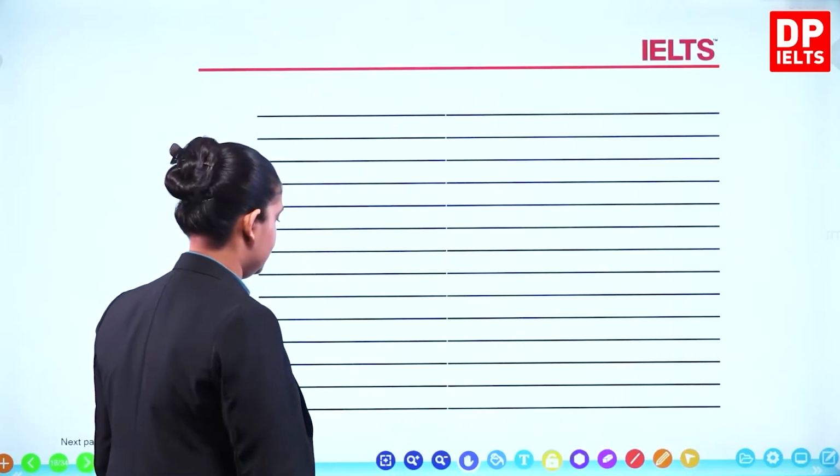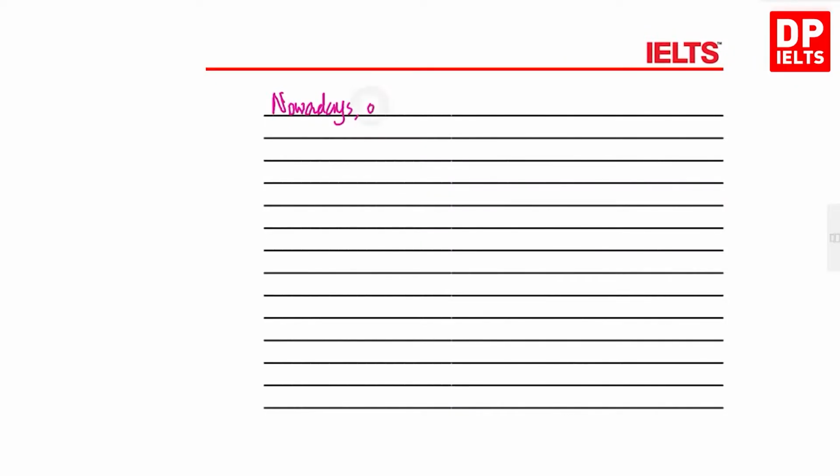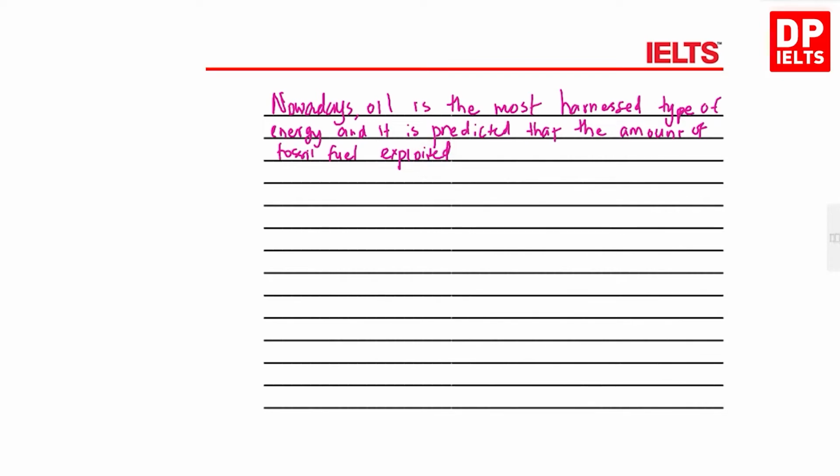Alright, so let's have a look at it. Let's start off by saying nowadays oil is the most harnessed type of energy and it is predicted that the amount of fossil fuel exploited would be exhausted.